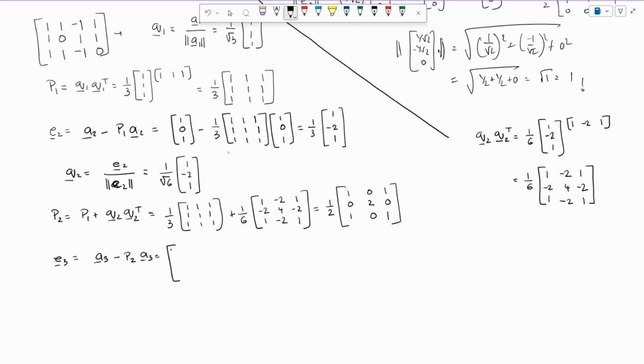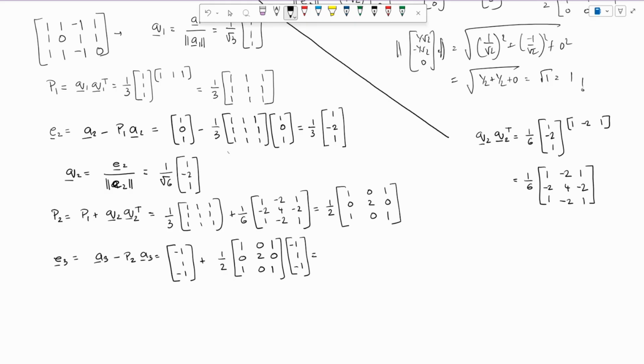What is A3? A3 is minus 1, 1, minus 1. P2 is half 1, 0, 1, 0, 2, 0, 1, 0, 1 multiplied by 1 minus 1, 1 minus 1.